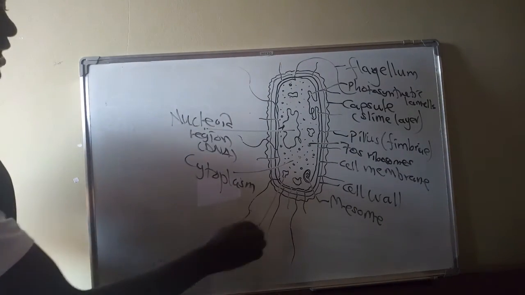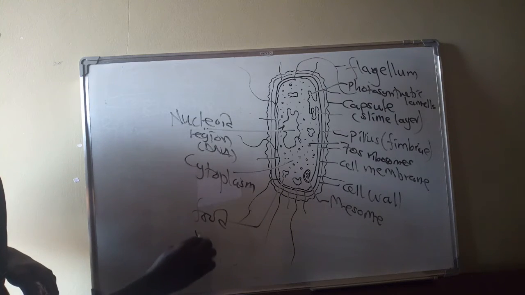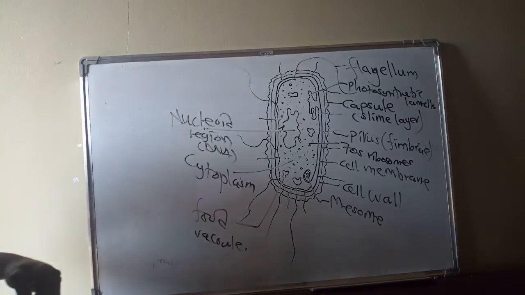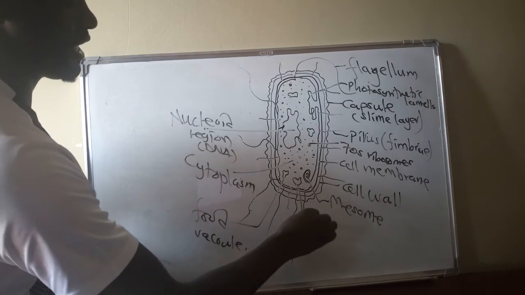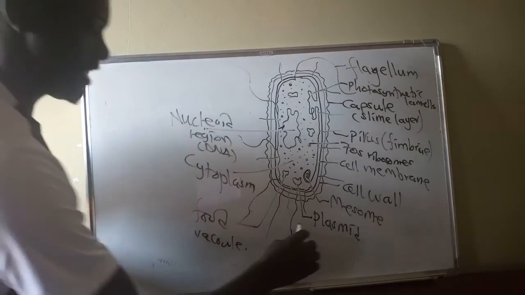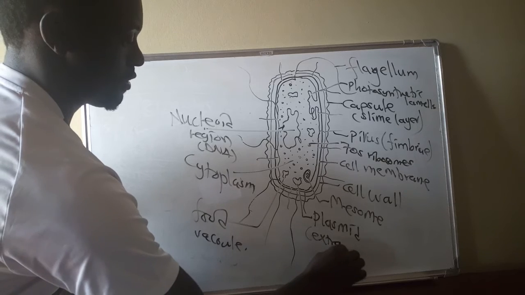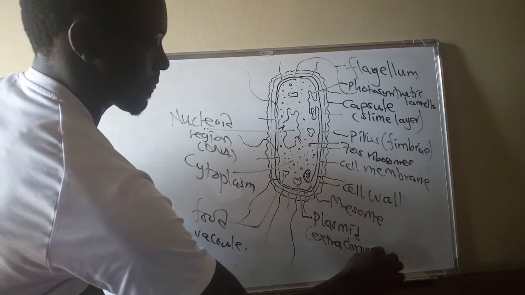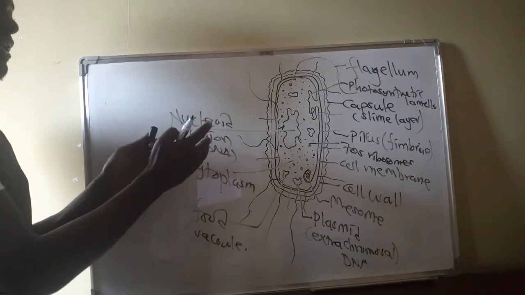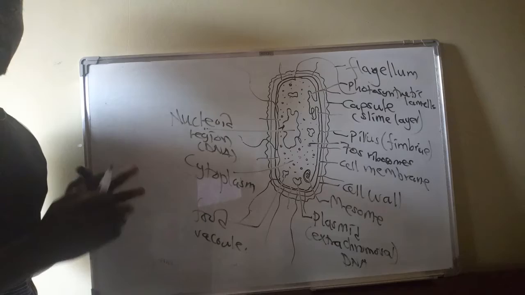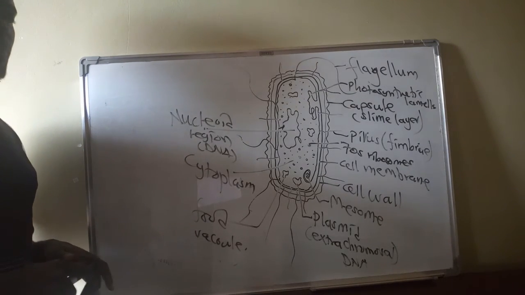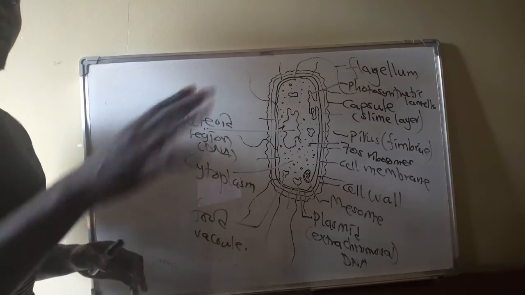This is the food vacuole of this bacterial cell. And then we do have plasmid DNA. Another name for plasmid DNA is extrachromosomal DNA, meaning you can call the nucleoid DNA the chromosomal DNA. The DNA of this bacteria is smaller than the DNA of eukaryotic cells.